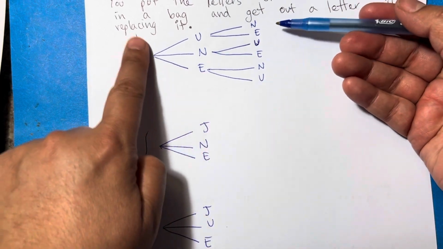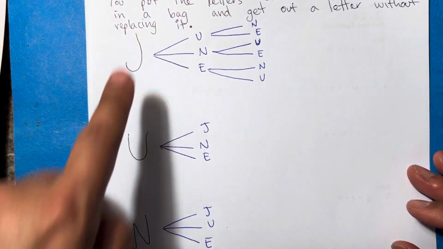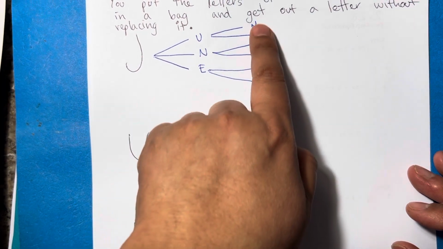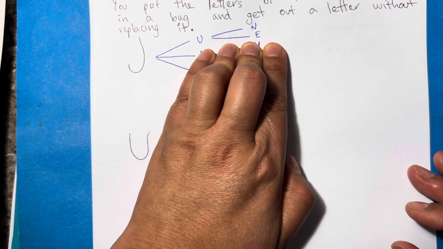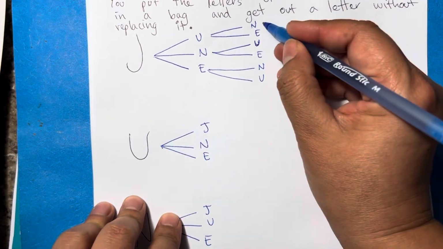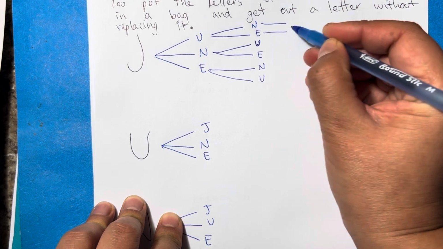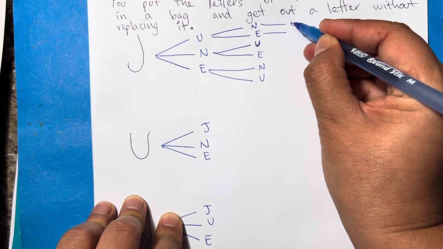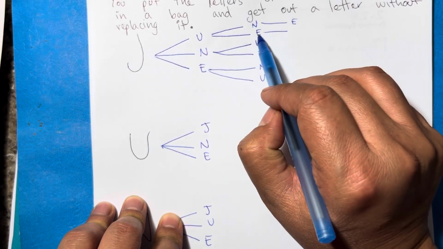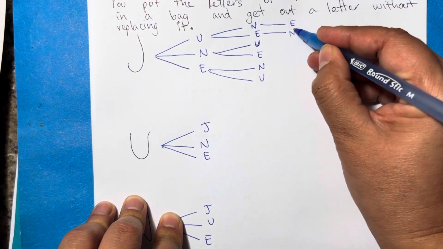So notice how for the first letter you had 4 choices, all 4 of them. For the second one, you only have 3. For the next one, you only have 2 for each path. And then at the end, for this one is E, and for this one, you took J, U, and E, so you only have N in the bag.